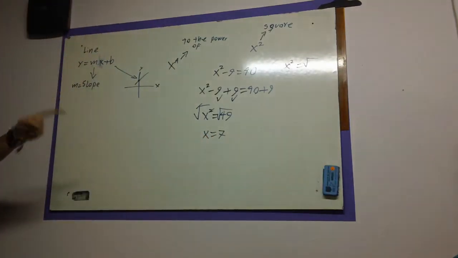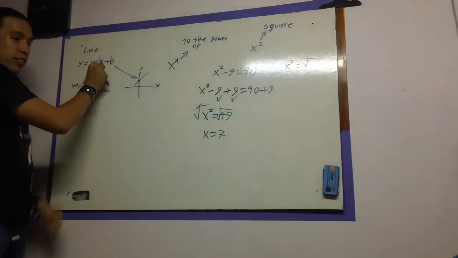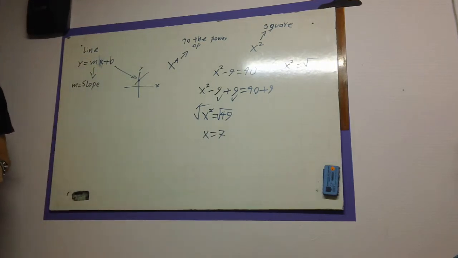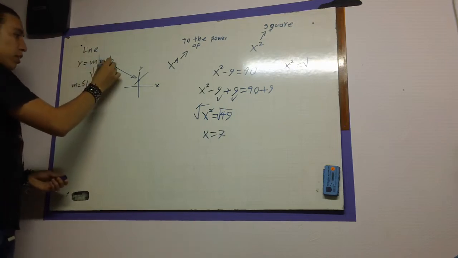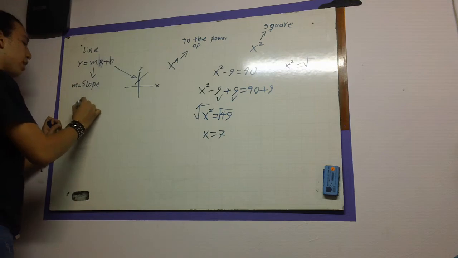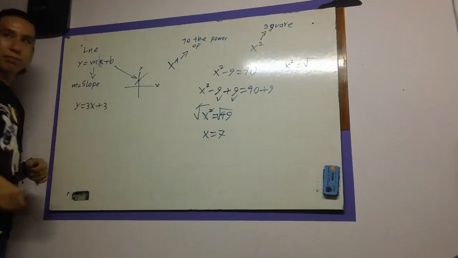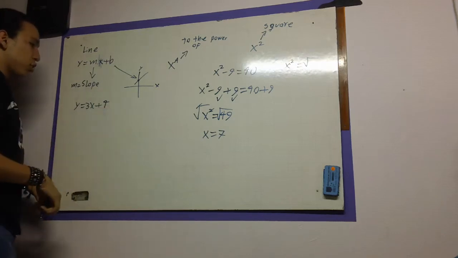And this function depends on the variable x. So the x is the one who's going to change, and the y is going to receive the values depending on this variable, because this one and this one are constants. For example, you're going to have y equals 3 times x plus 4.